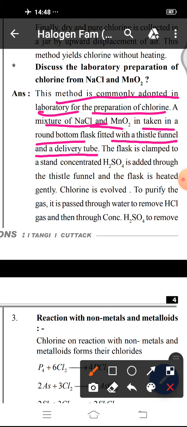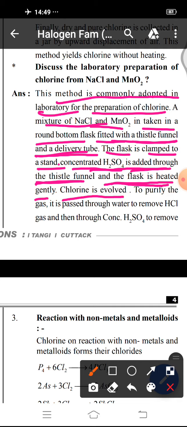The flask is clamped to a stand. Concentrated H2SO4 is added through the funnel and the flask is heated gently. After heating, chlorine gas is evolved.